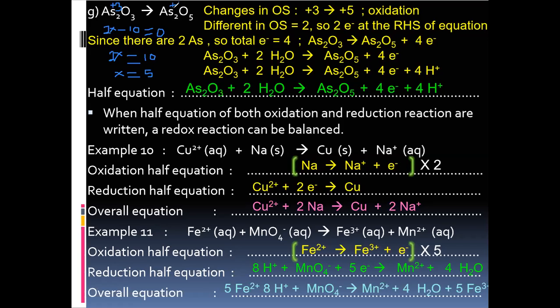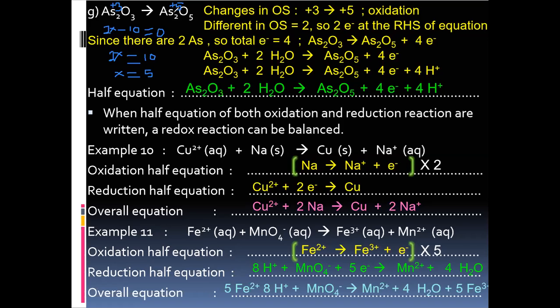That's very correct. It is oxidation, because whenever oxidation number increases from 3 to 5, we say that is oxidation. But in the real sense, what is happening here is that electrons are being lost. Arsenic in the +3 oxidation state loses 2 electrons to come to the +5 oxidation state.